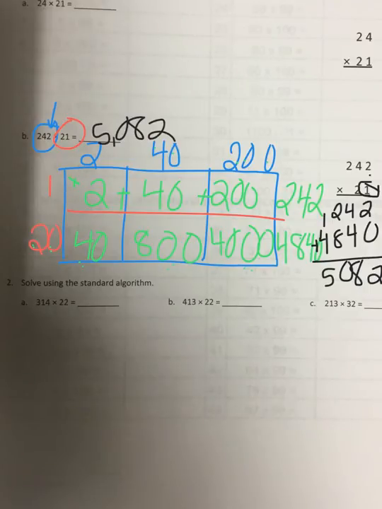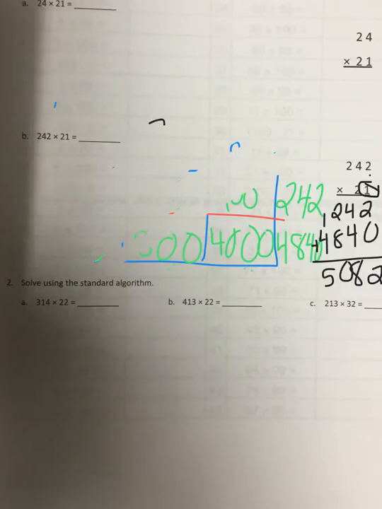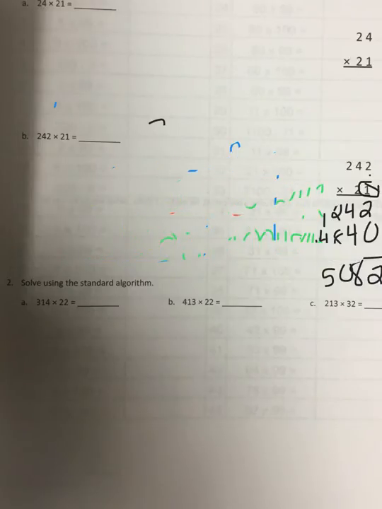Okay. I know it can be a little bit tricky at first, trying to connect everything, but we can do this, and we're going to practice it for a long time until we really get the hang of it. And remember, if area model just kind of isn't your thing, it's okay.